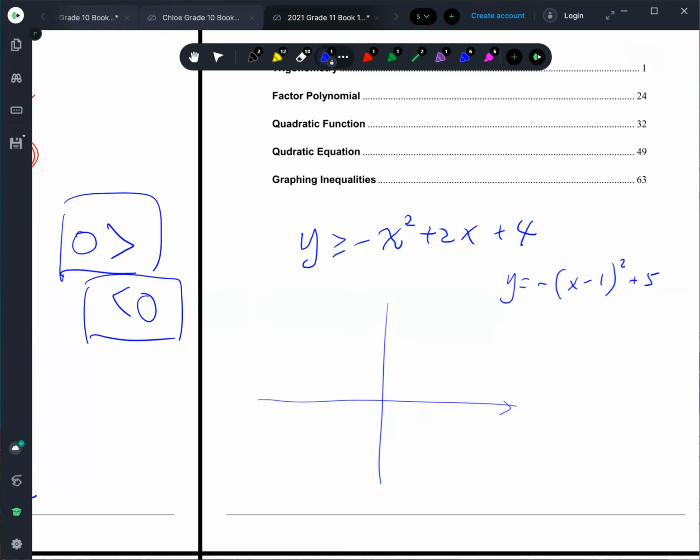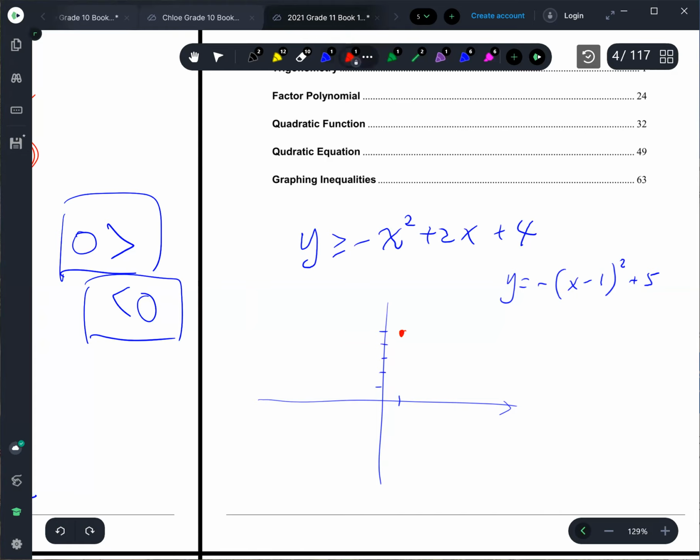So our vertex is 1 and 5. 1, 5. 2, 3, 4, 5. So it looks like a point there, and then what else do we have to graph? The parabola is going down.